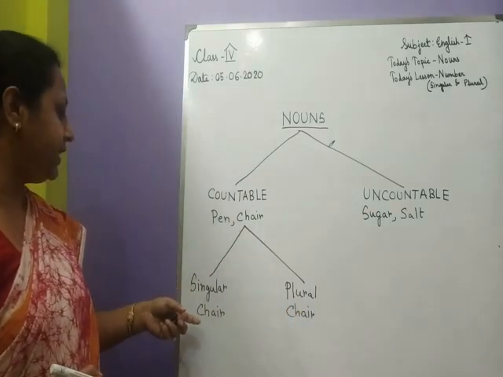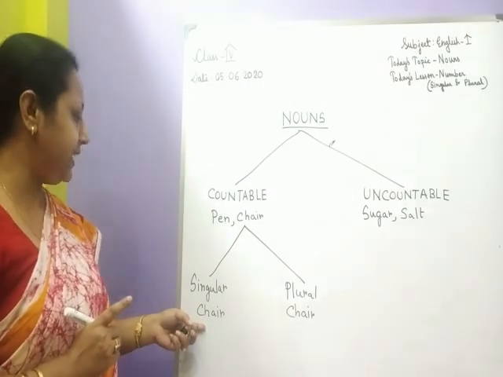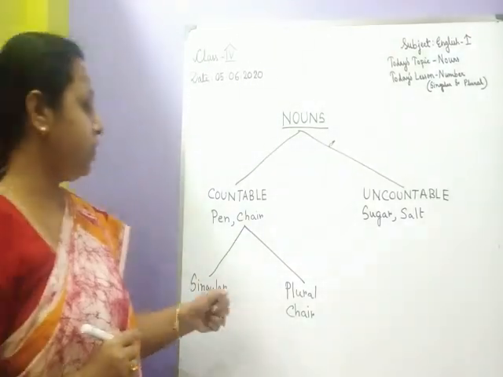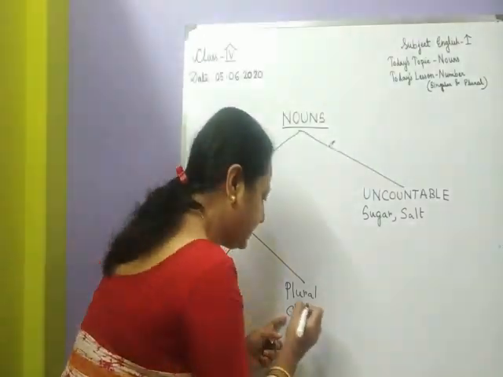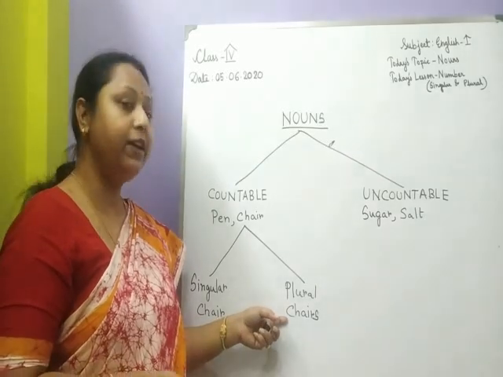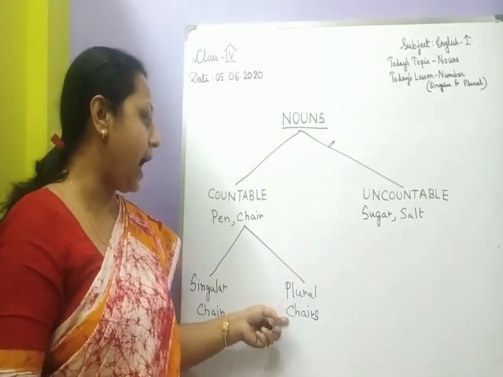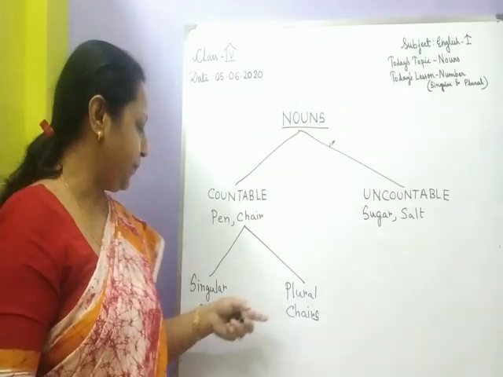When we write chair, it denotes one chair. So it is singular. But when we write chairs, it denotes more than one chair. It can be 2, 3, 4 and so on. So chairs are plural nouns.